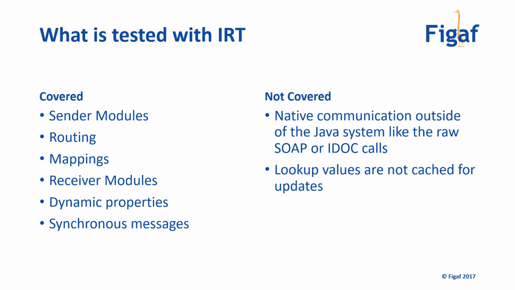So if you have Java or outside of the Java stack, so if you're doing SOAP outside or IRC or IDOC, we don't cover those things in IRT. And then lookup values is not cached. So you would still need to be able to perform lookups because we're reusing your existing system.